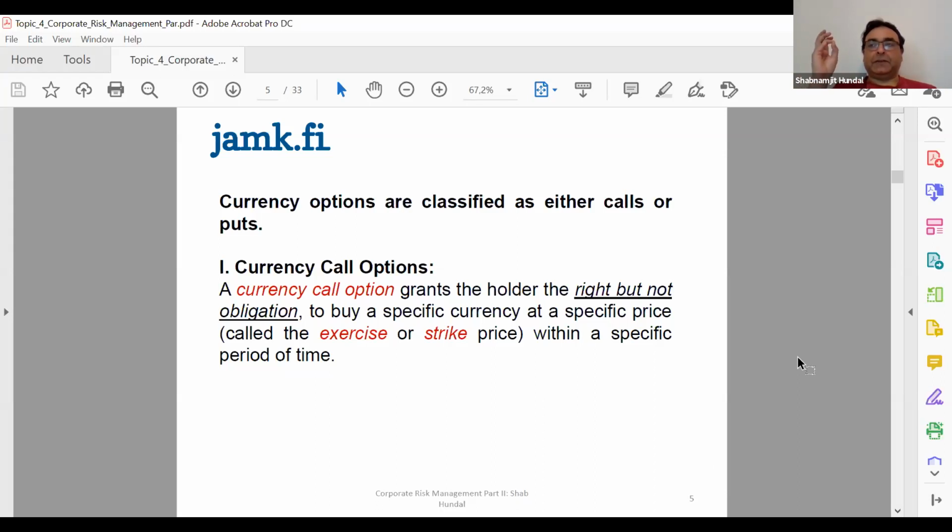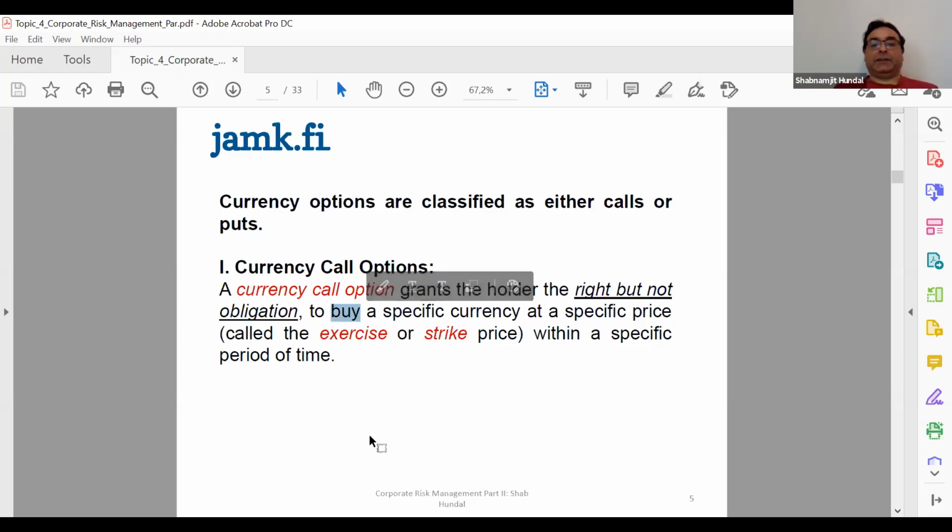Let's say in the example I gave you, I want to buy 20 million Australian dollars. The specific currency would be Australian dollar, the specific amount 20 million, the specific time period up to 15th of June 2020, and the specific rate of exchange is 1 Australian dollar equal to 0.90 euro. But see, it gives me the right but not the obligation to buy.